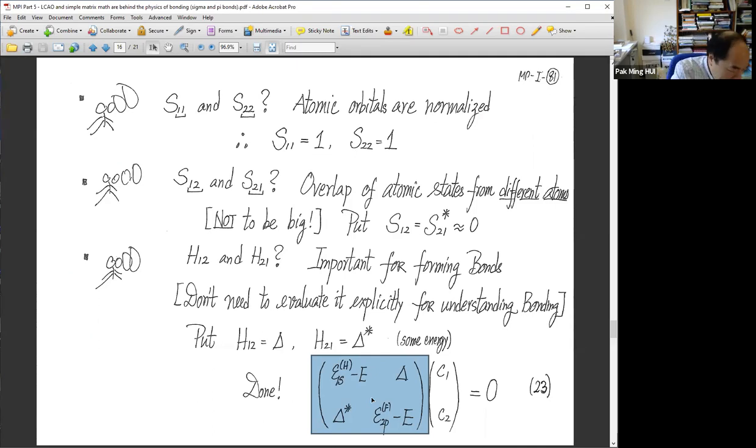You have a hydrogen 1s, like a ball, you have a fluorine p. This is number 1, this is number 2 in my notation. So 1, 1.